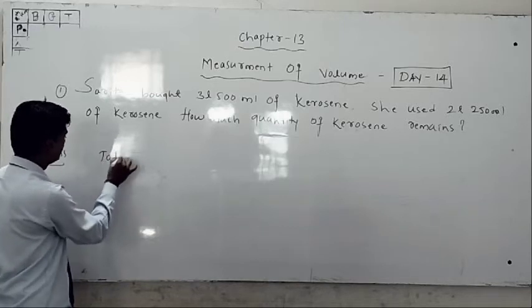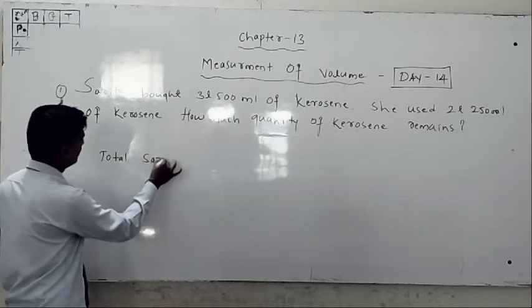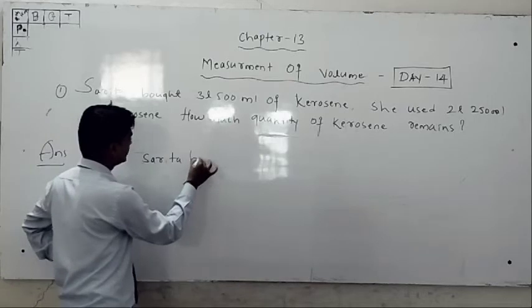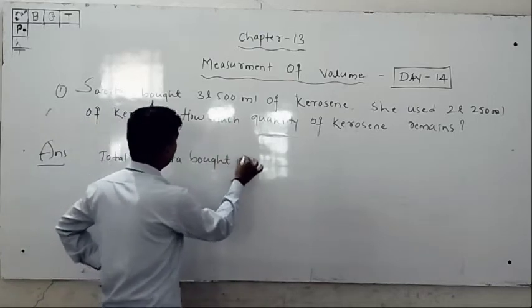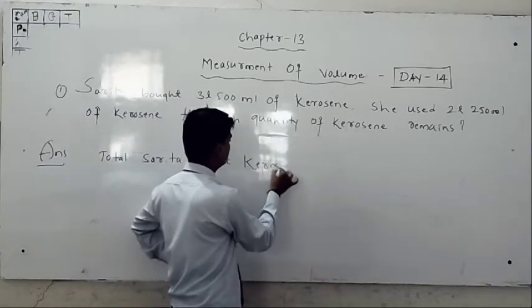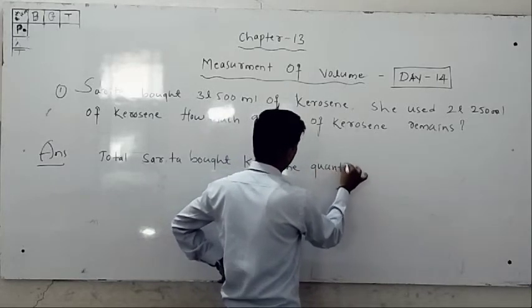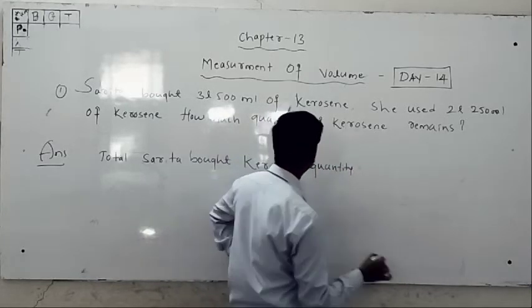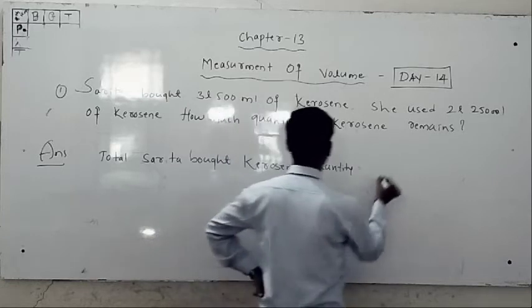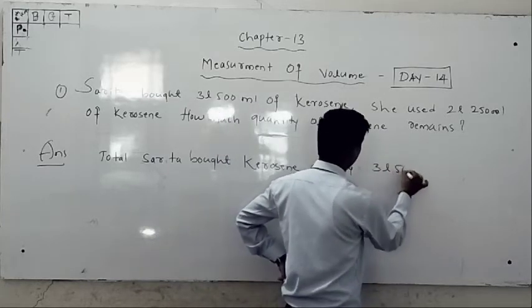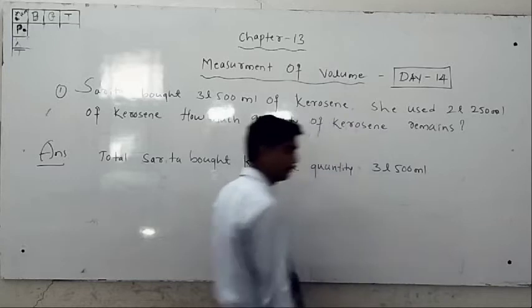Total Sarita bought kerosene quantity is equal to 3 liter 500 ml. Okay.